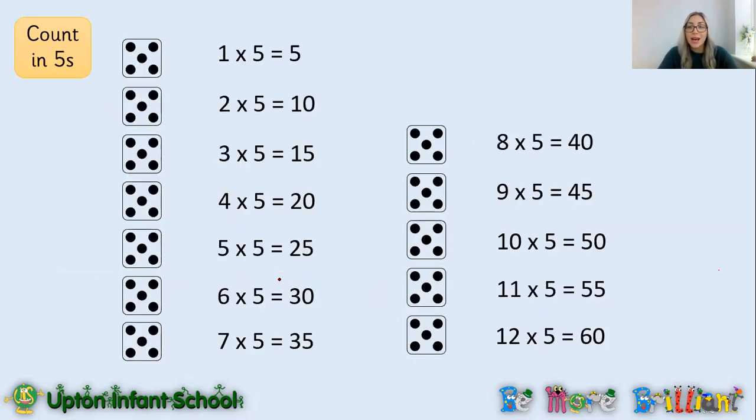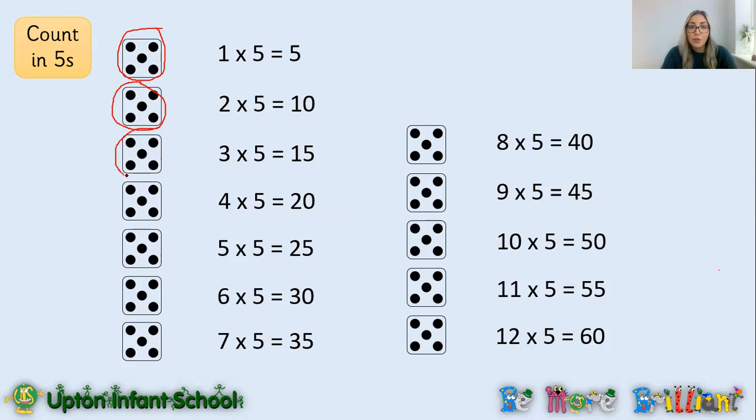Okay, so yesterday we had a little look at multiplication. And we realized that this means multiply or means times by. So on here, you can see that I have got 1 lot of 5, and that makes 5. Now if I circle another one, I have got 2 lots of 5, which makes 10.